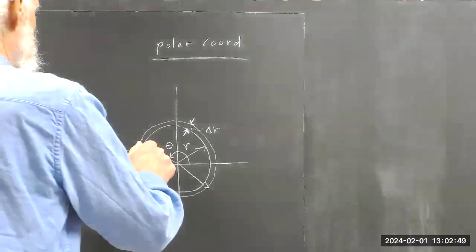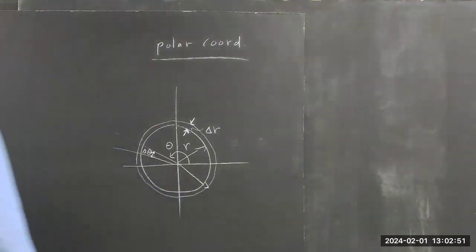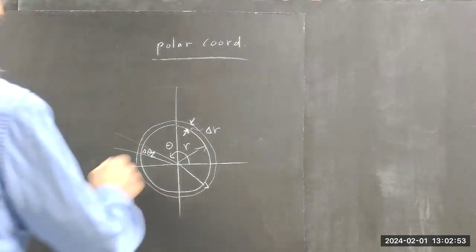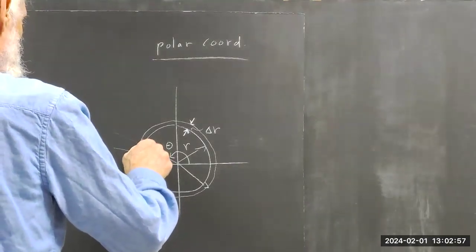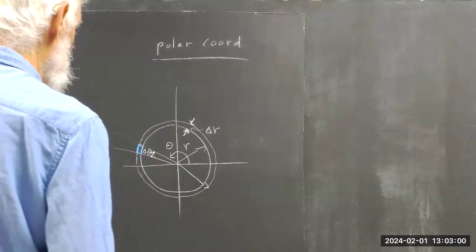Now, what's the shape of this region right here? What are the dimensions of this region?